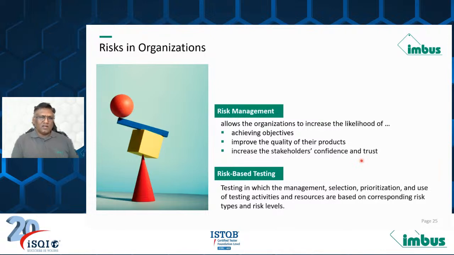So assuming that risk is already in the system, you have to develop your product based on those risks. Once you identify those risks, once you manage those risks, you can utilize risk-based testing to ensure that we minimize the risk to a reasonable level.